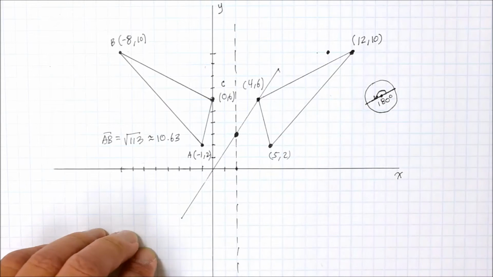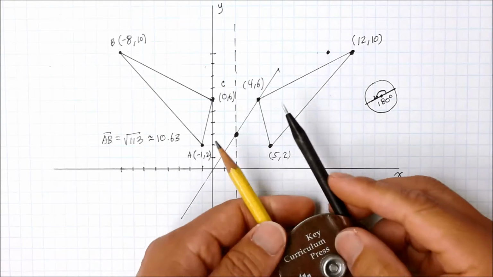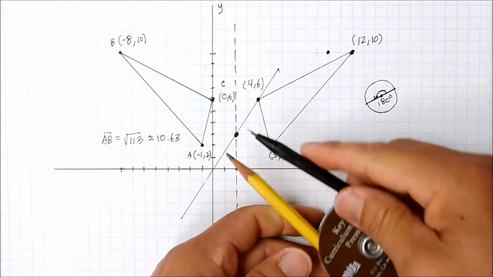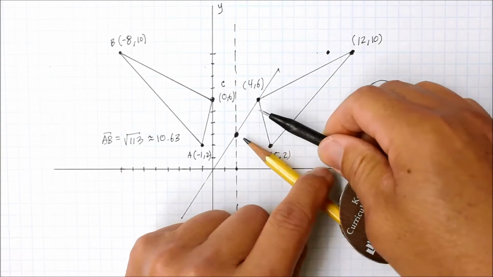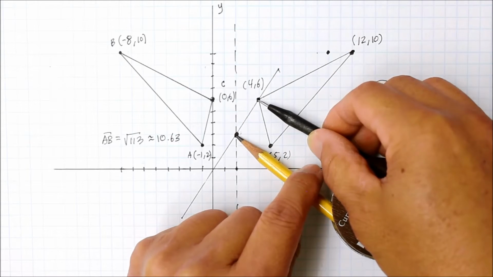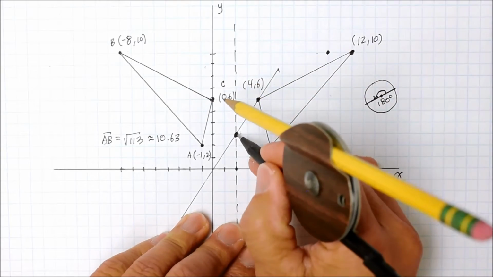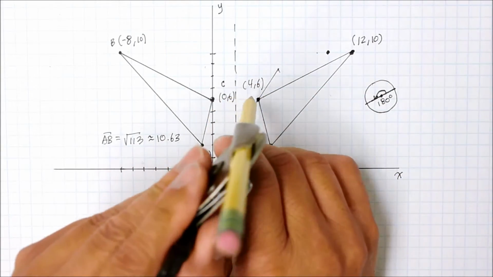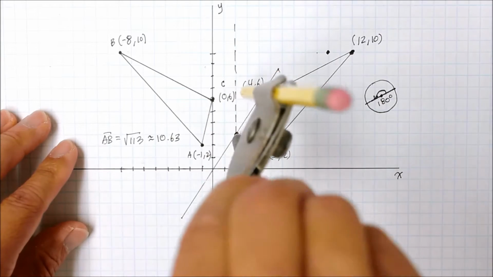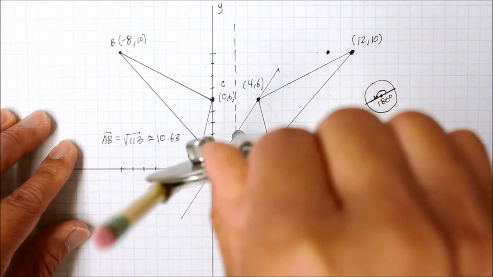So how do I know where to stop? What I'm going to do is now use a compass. And I'm going to match out the radius of the C point. And using my pivot point, I'm going to rotate this guy 180 degrees. Ta-da!